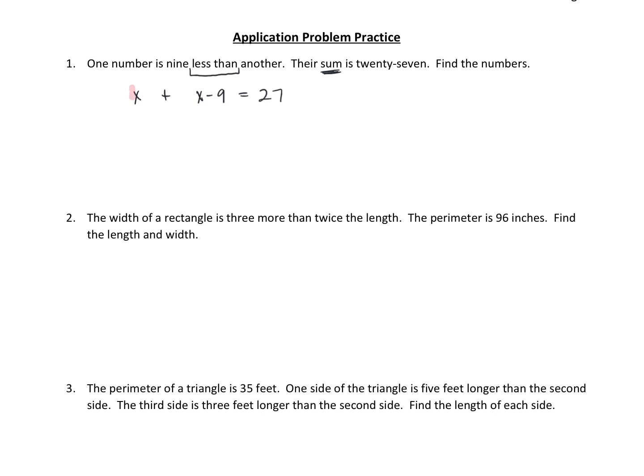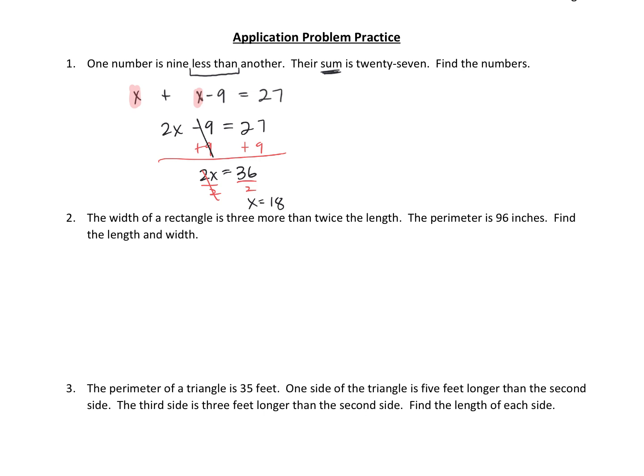To solve, you would combine like terms. So we have x plus x is 2x minus 9 equals 27. We would add 9 to both sides. So 27 plus 9 is 36. So we have 2x equals 36. Divide by 2. So x equals 18.